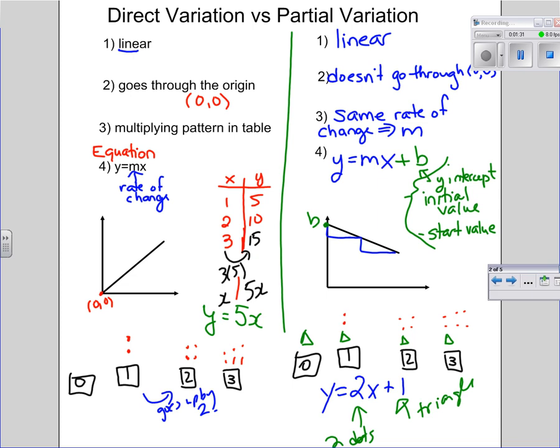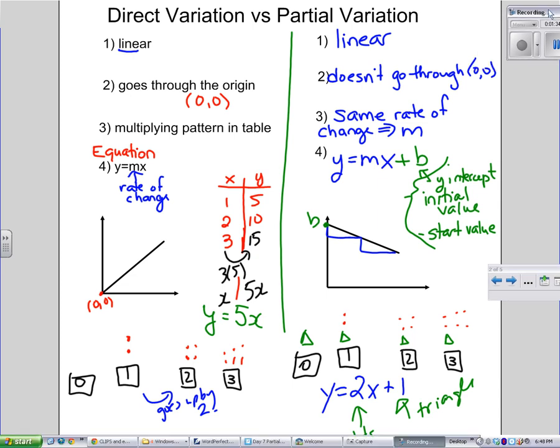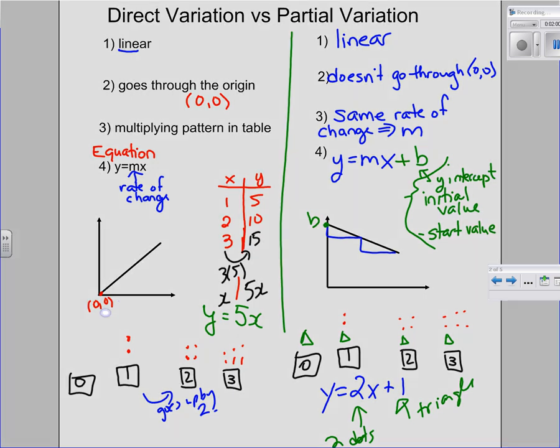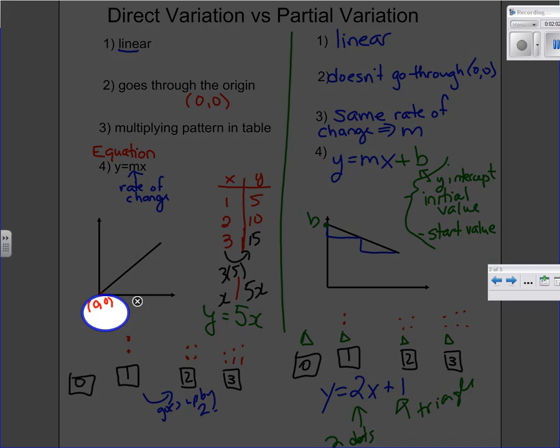So last class, we likely created something very similar to this, where we compared direct and partial variation, and we noticed that both direct and partial variation are linear, but the direct variation has the difference in that it will go through 0, 0. So the direct variation goes through 0, 0, and that can be noticed in a direct variation.